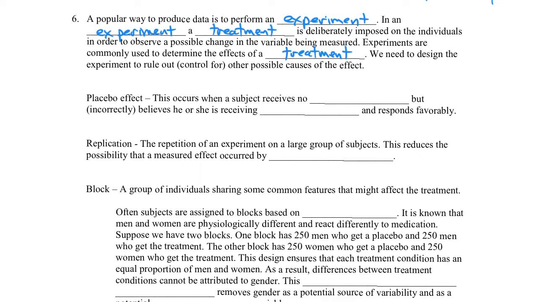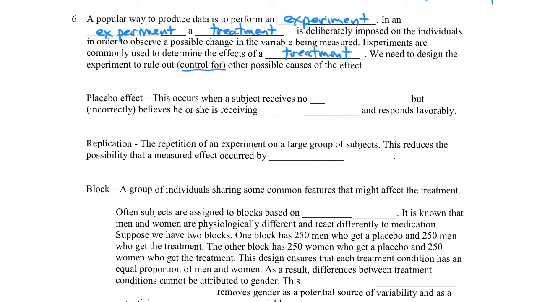We need to design the experiment to rule out or control for other possible causes of the effect. So we need to be aware of these other things that could be causing changes and control for those. There's a couple things you can do. Like when we talked about the smoking groups, you'd want to make our groups be full of smokers or full of non-smokers if we think that could be a cause.